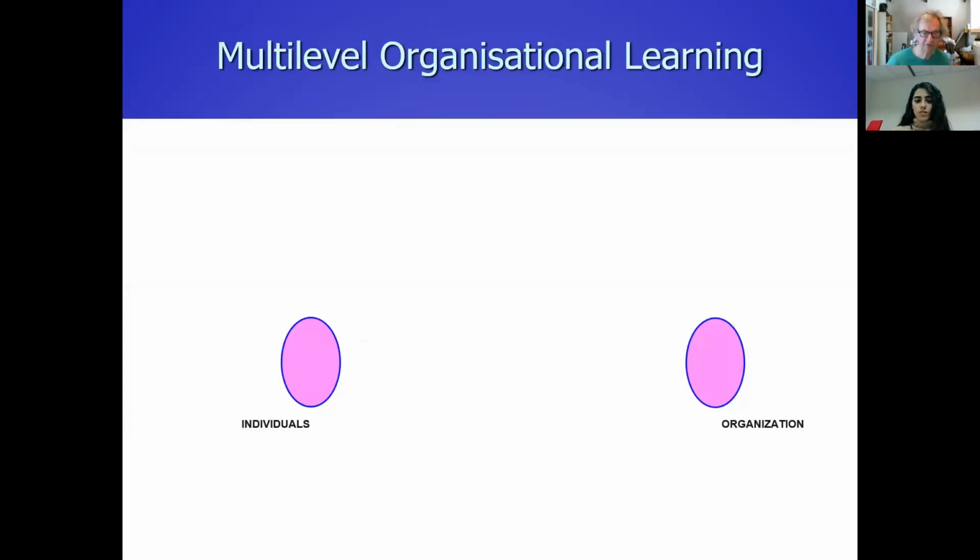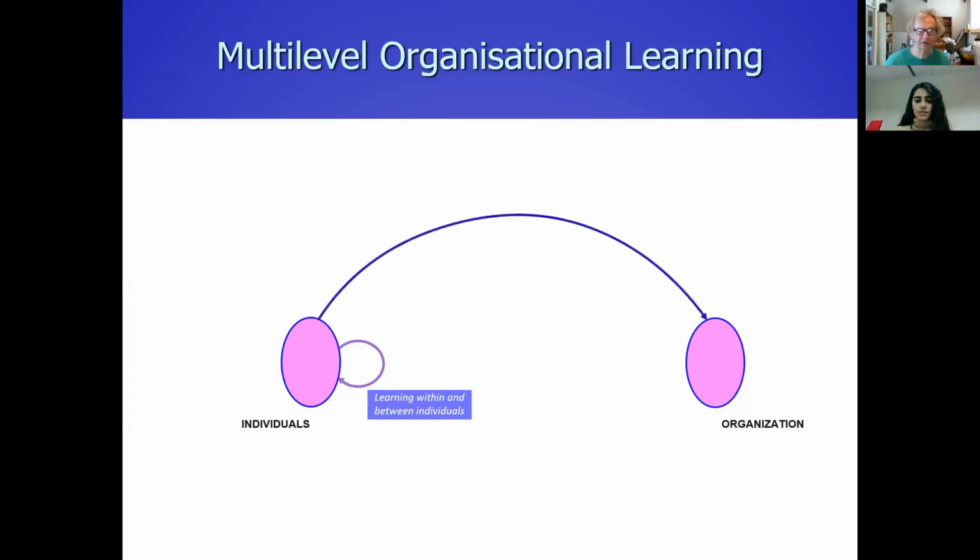Individuals, your own employees, can learn themselves and from each other, and they can develop knowledge in this way. But you also want to make a form of representation of that knowledge on the level of the organization, so that other employees can learn from that. And even if the original employees have gone, the new employees can still learn from that.